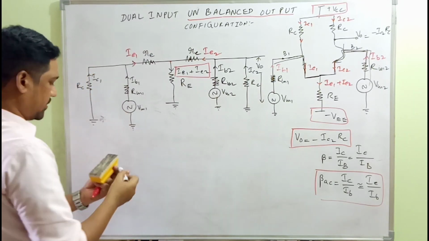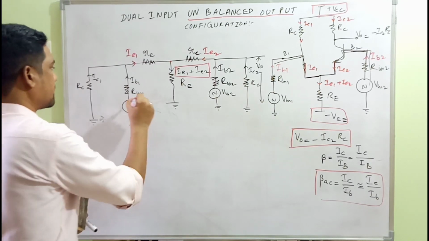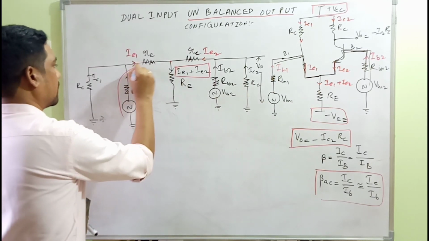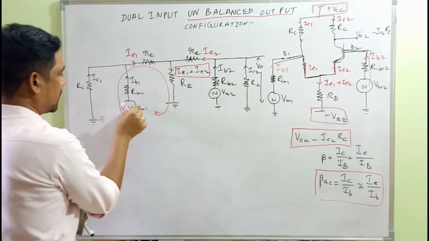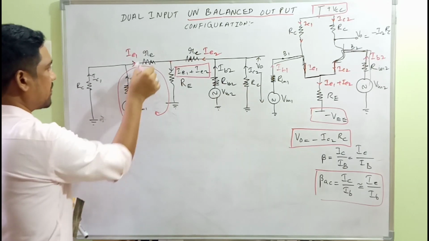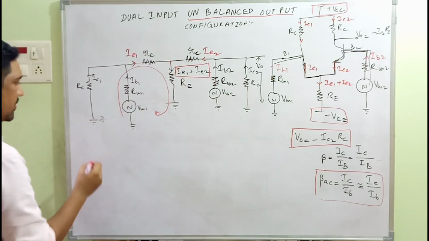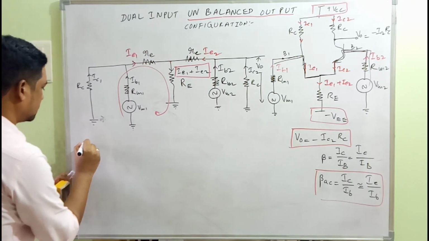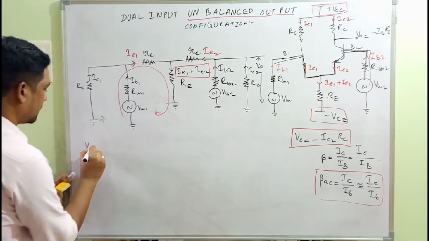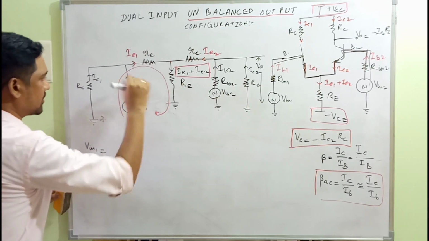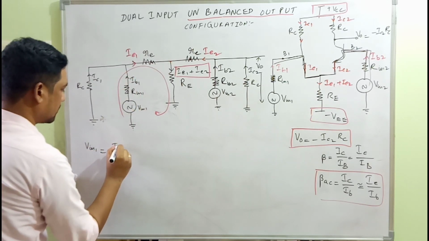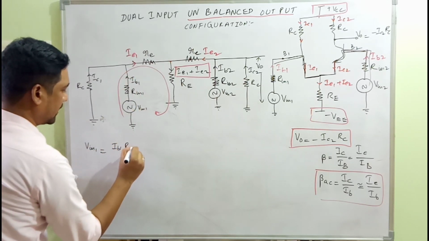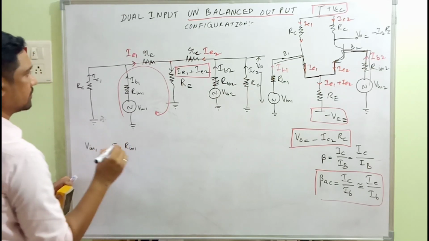Yeah, here making use of this loop. What is this loop here? This loop, making use of this loop. So this voltage drop will be equal to this drop plus this drop plus this drop. So what will be Vin? Here, how to write the expression for Vin? Vin1 will be this drop, Ib1 Rin1, right?